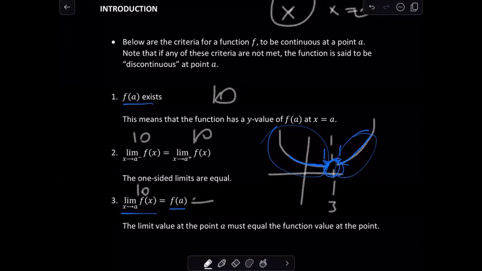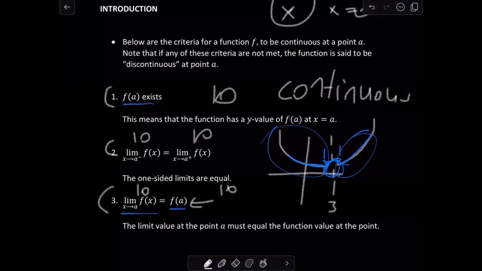So the full limit is now equal to 10, and that's equal to the function value, which is 10, which we got from condition 1. Then we say that the function is continuous. Okay, so if 1, 2, and 3 are all met, we say that the function is continuous. Let's just read what condition 3 states. So the limit value at the point A must equal the function value at that same point. Okay, pretty self-explanatory.